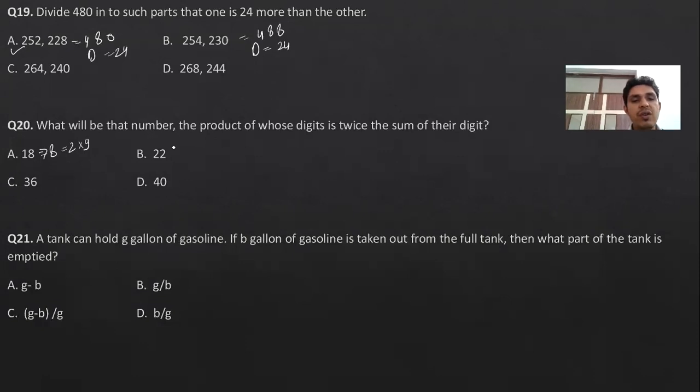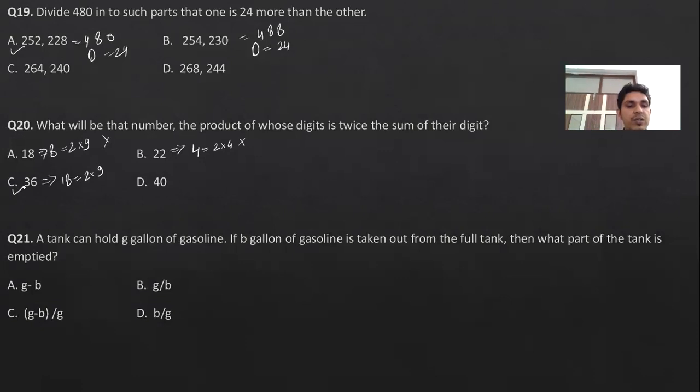And if we check for option number B, the product 4 is not equal to twice of 4, this is also wrong. And if we check for 36, the product will be 18, this is equal to 2 multiplied by the sum of the digits, that is 9. So here we are getting the right option, 18 is equal to 2 multiplied by 9, right?